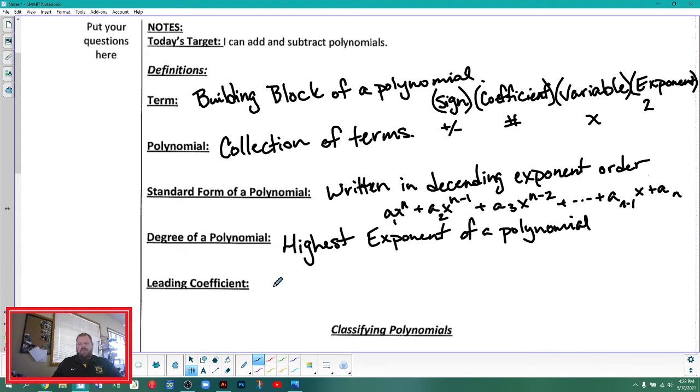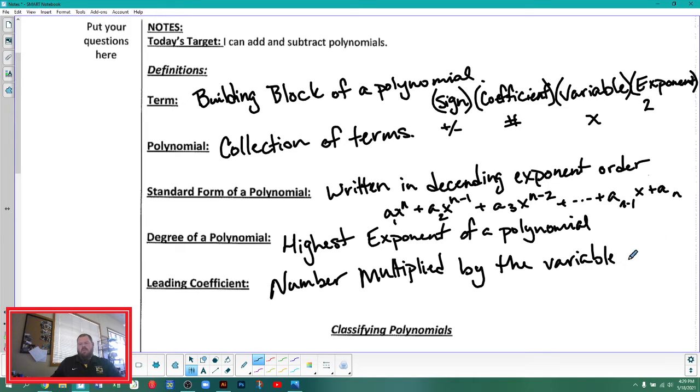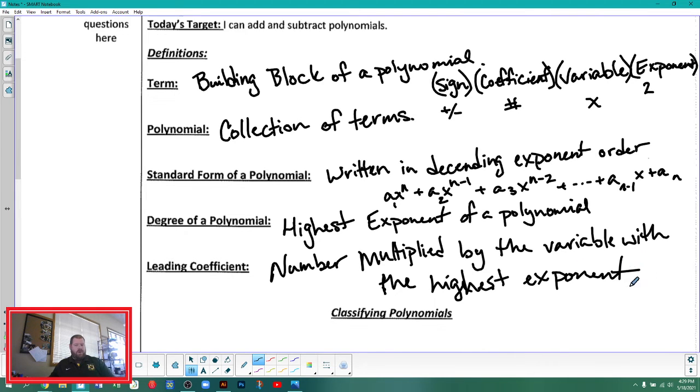The leading coefficient is the number multiplied by the variable with the highest exponent.